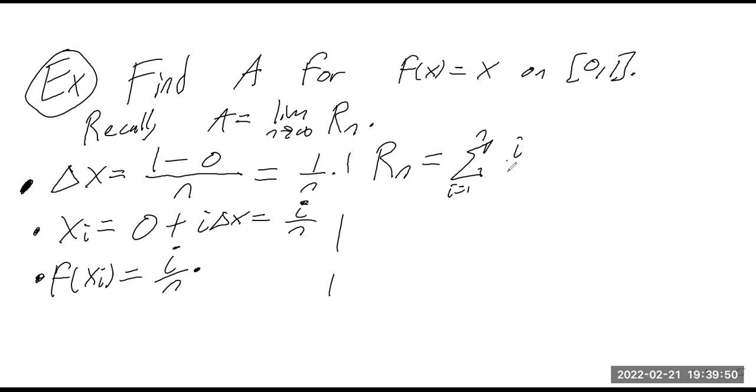Now, that being said, we can actually find Rn. Well, I got the f of xi, and I got the delta x. Now, to find the limit, I'm going to simplify things a bit. If I multiply these two fractions, I have i over n squared.